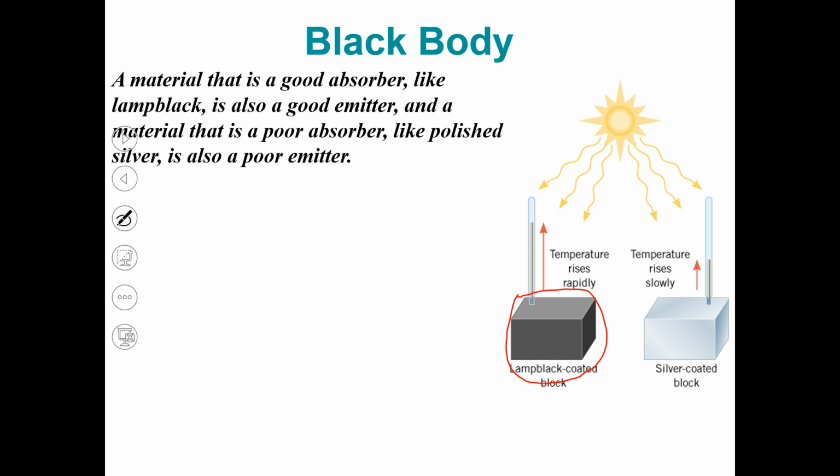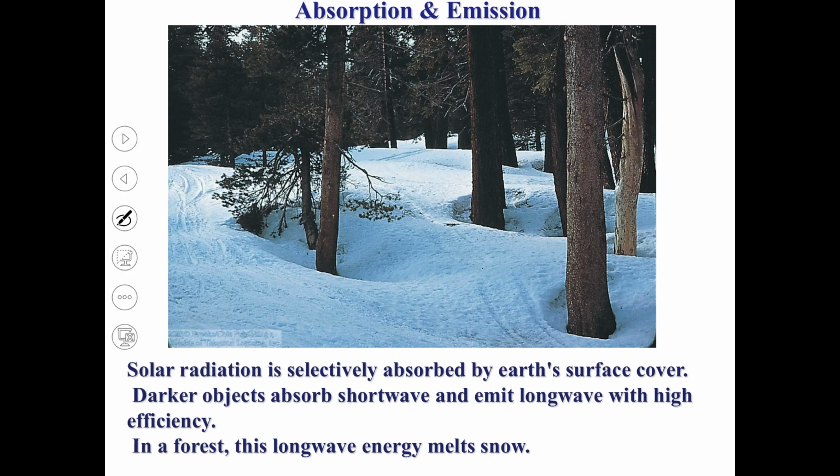And a material that is a poor absorber, like polished, bright surfaces such as polished silver, is also a poor emitter. We can think: a poor emitter is a good reflector, but a good emitter is a bad reflector.